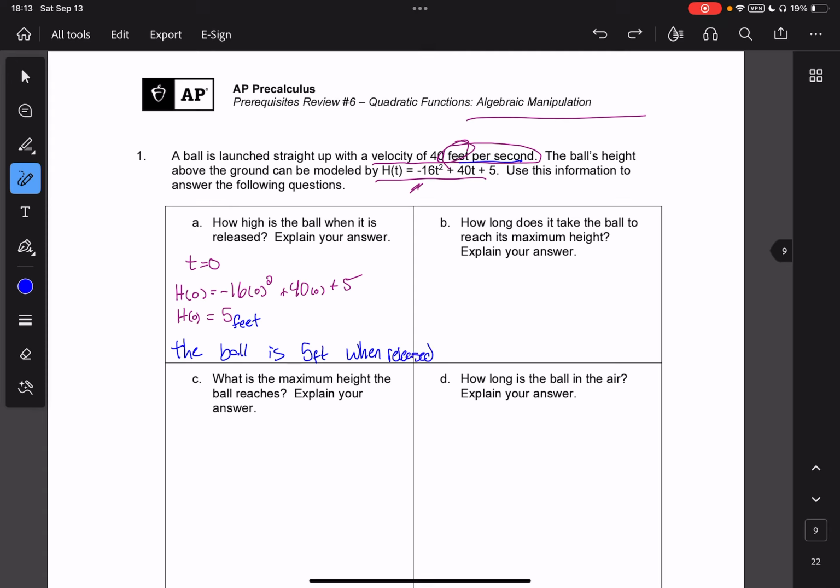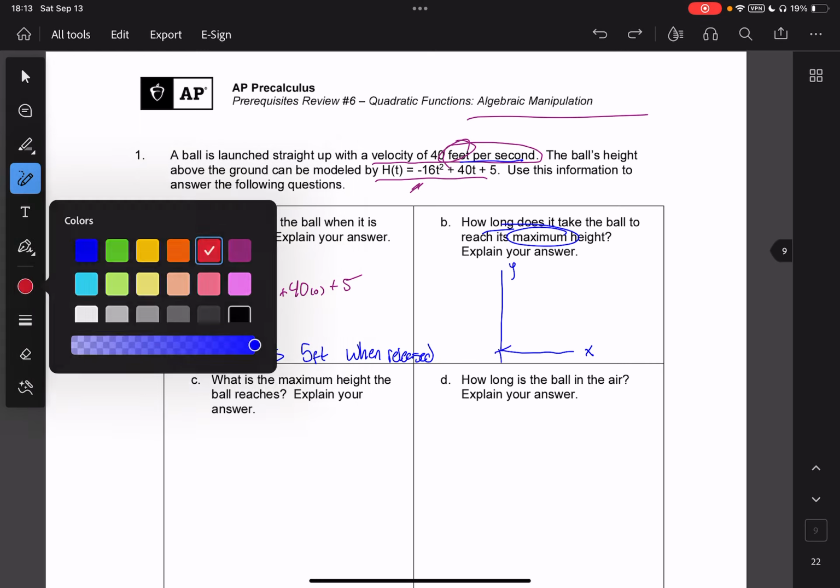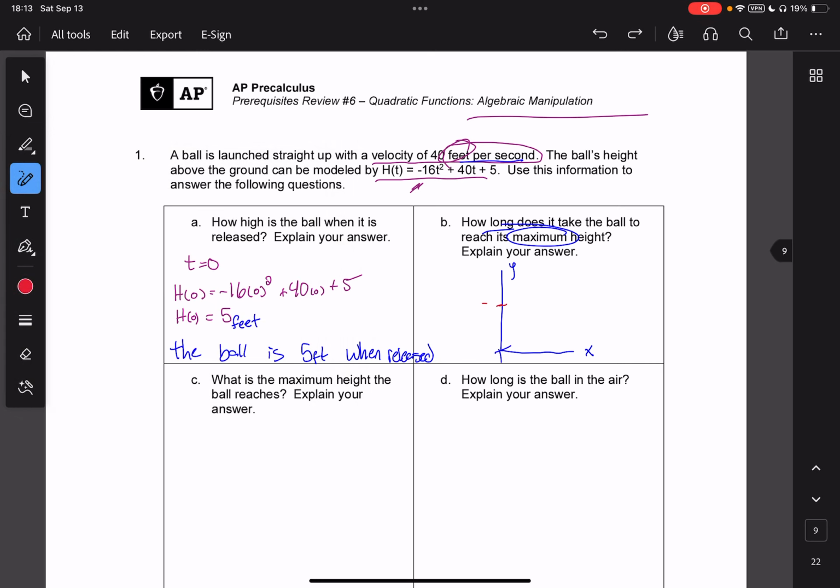So how long does it take for the ball to reach its maximum height? When we're talking about maximum height when we're throwing the ball, if we have a graph, and this is our x and our y axis, and remember, we're throwing the ball at 5 feet. So say this is 5. It's going here, and our graph is going to look like this.